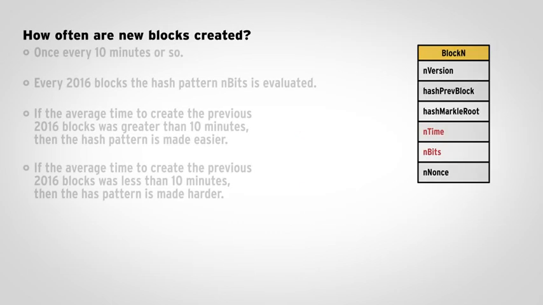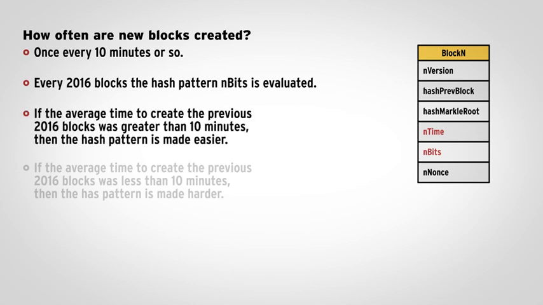Lastly, how often are new blocks created? In Bitcoin, blocks are created every 10 minutes or so. Now, what the Bitcoin software does is after 2016 blocks have been created, it evaluates what was the average time it took for the miners to create a new block.